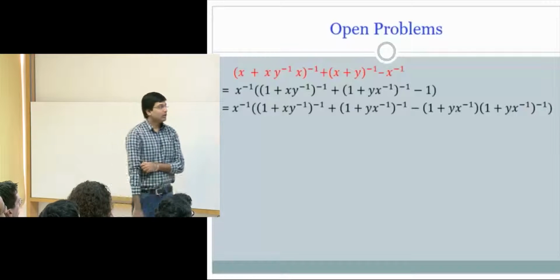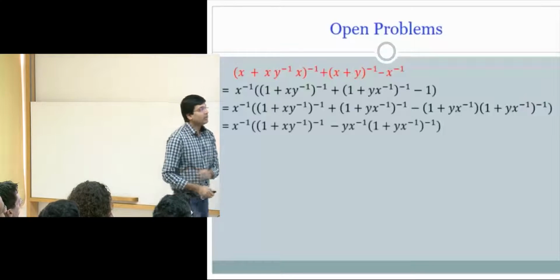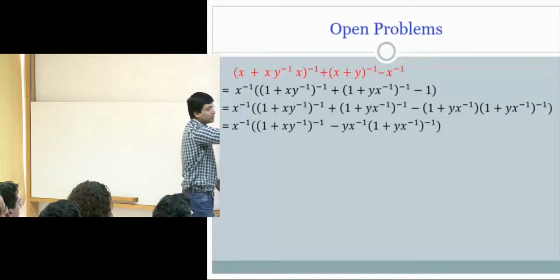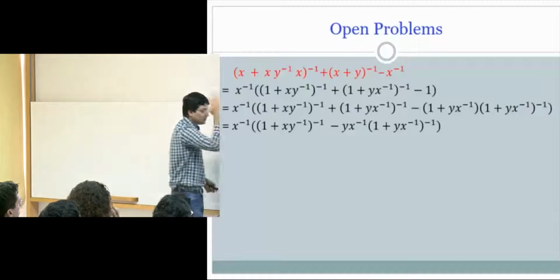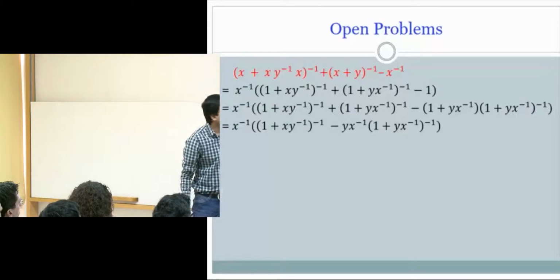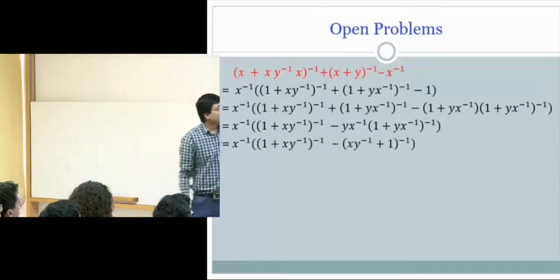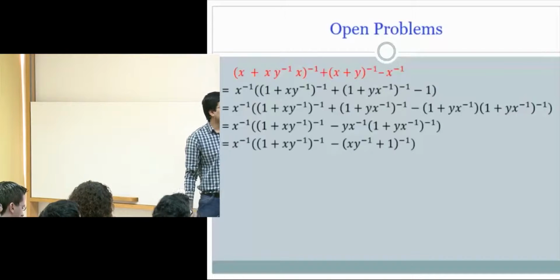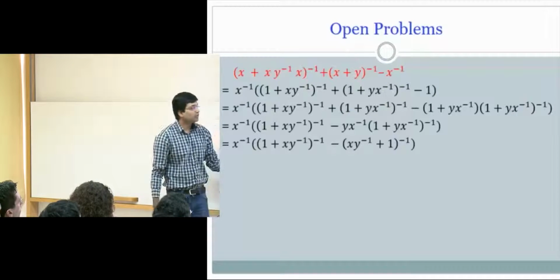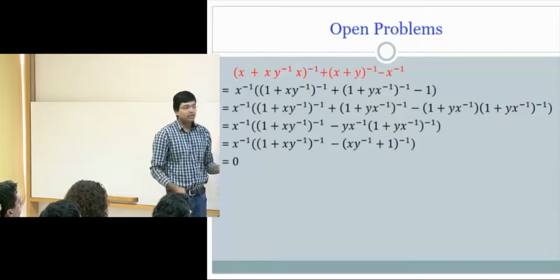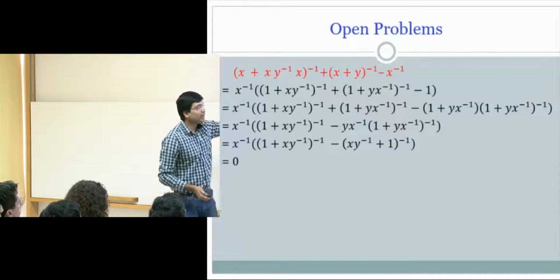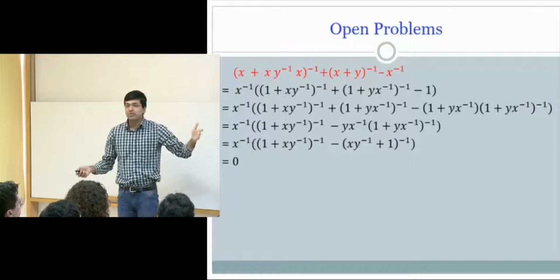Then I take this (1 plus yx inverse) whole inverse common, using distributivity of addition, and I'll get something. I take this yx inverse inside, I'll get something, and then these two expressions are the same by commutativity of addition. And this is 0. Maybe you won't get the proof, but you get the idea of what kind of syntactic manipulations I'm making.